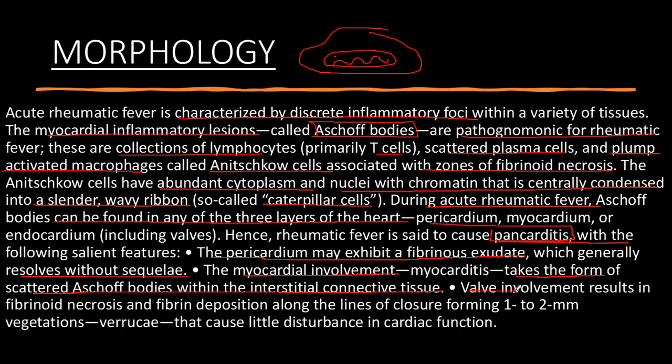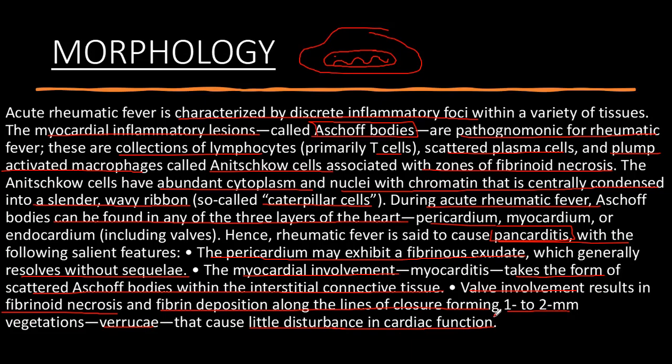Now, valve involvement, that is within the endocardium, results in fibrinoid necrosis and fibrin deposition along the line of closure of the valves, forming 1 to 2 millimeter vegetations known as verrucae.